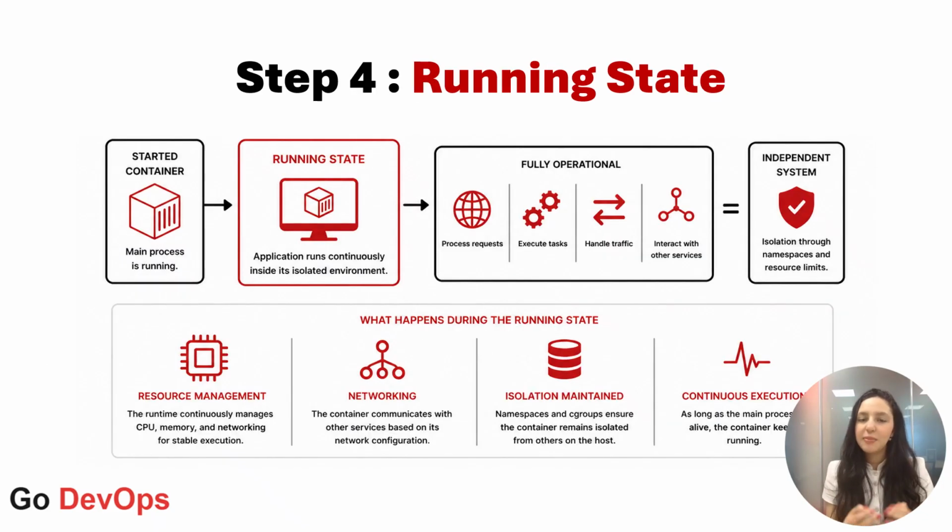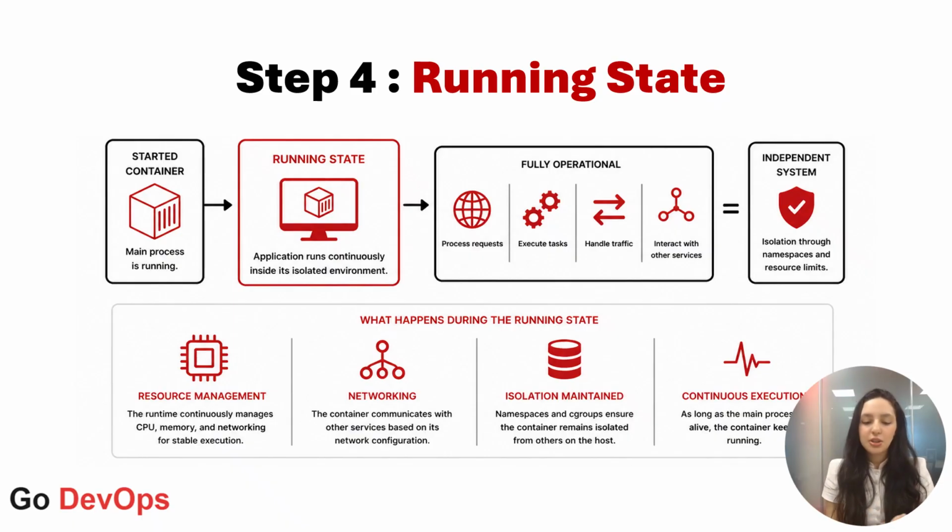The next step is the running state. So this is where the container is actively doing its job. So once the main process has been started, the container enters a continuous execution phase where the application runs normally inside its isolated environment.